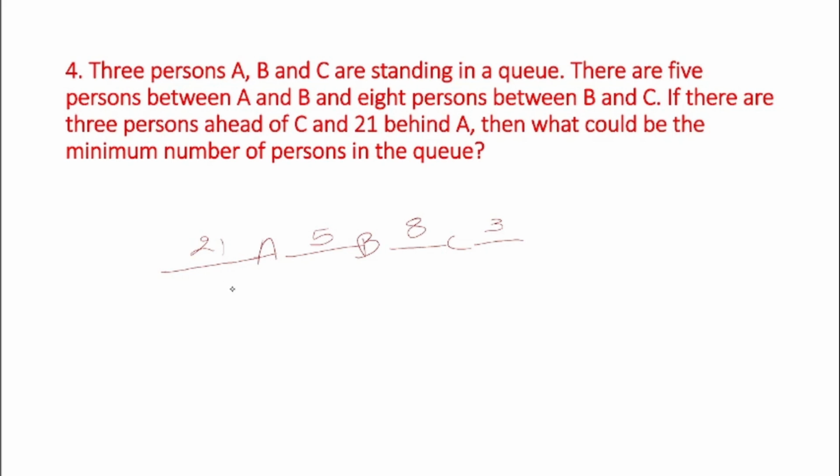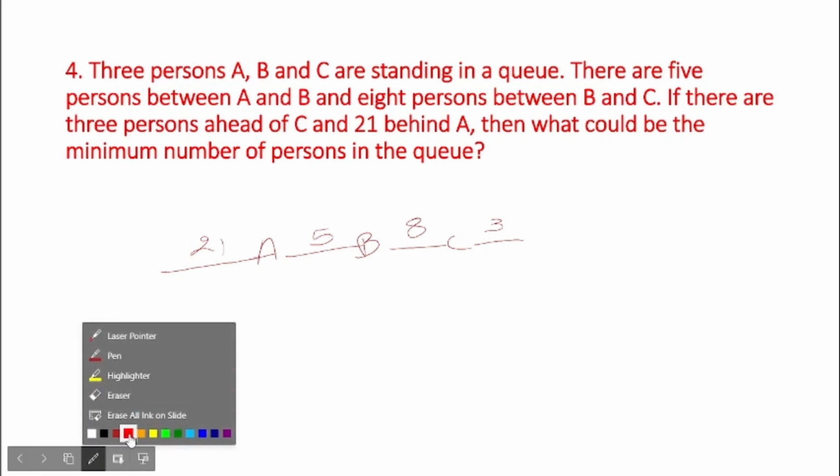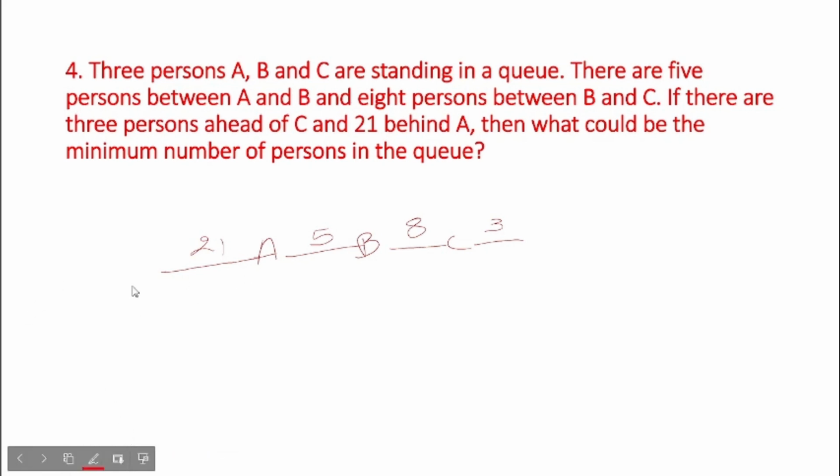So this is what we get if we do this question in a simple, normal way, without any minimum number constraints. So this could be the answer if the word minimum is not given here, right?